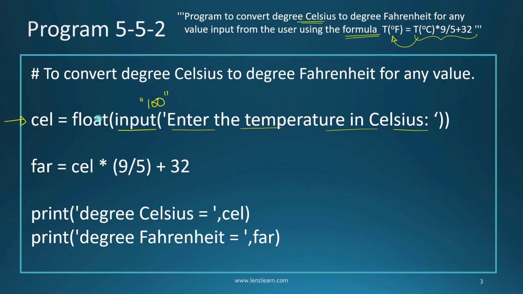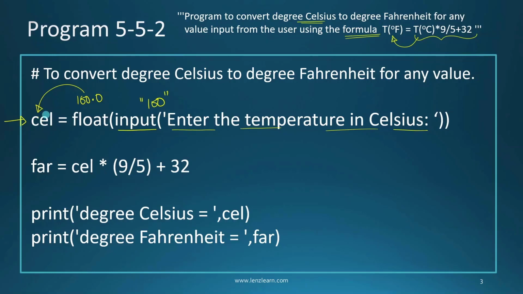Now we have to convert that either to an integer or to a float. It is better to convert to a float because float has much better precision than integer. So here I am converting this 100 into a floating point number. The number will become 100.0, and after that this floating point number is stored into the variable cell.